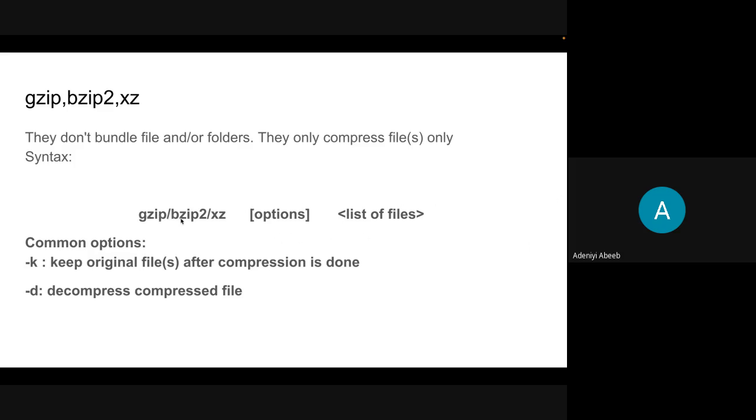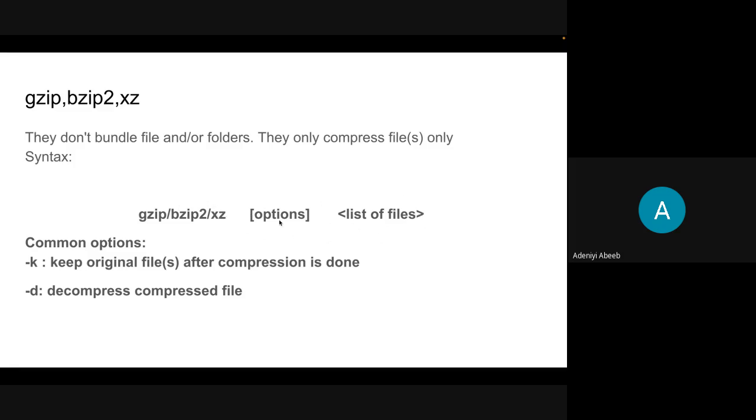If you're interested in bzip2, use bzip2 and keep all other things constant. And if you're interested in xz, use xz and keep all other things constant. Aside from the name of the tool, whatever you can do with one, you can also do with the others. That's the takeaway from the slide. That's why I have gzip, bzip2, and xz there.